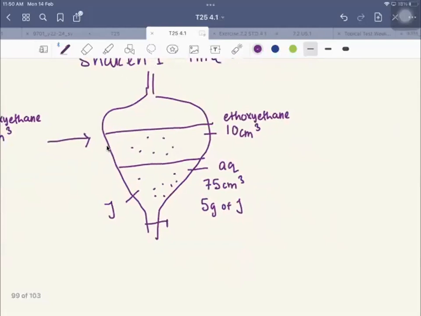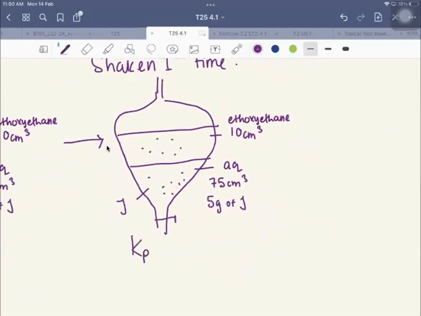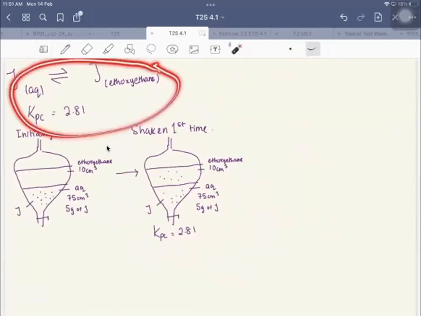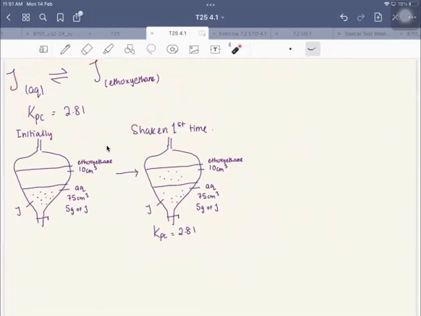And I know that for this system, the KPC is 2.81. Remember from the first part of the equation, if I shake them and they are in equilibrium, my KPC is 2.81. The layers were separated.